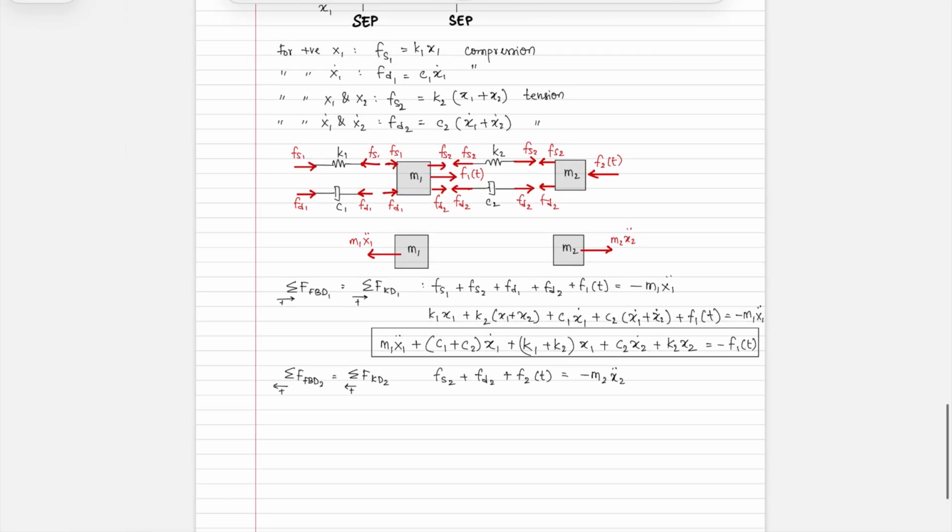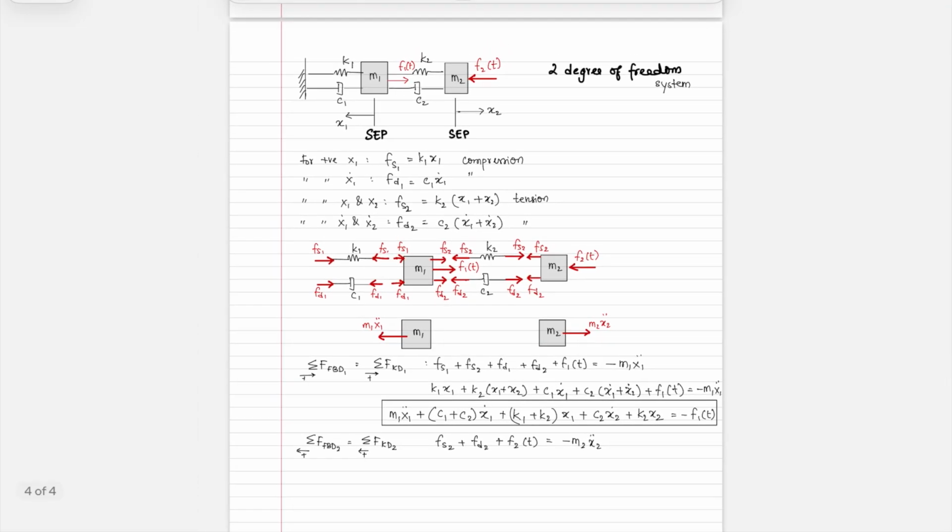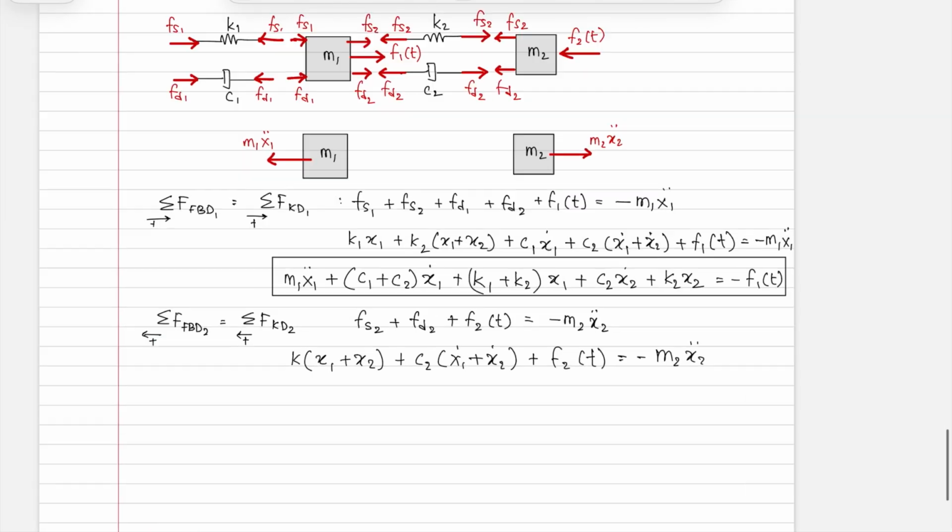If I just substitute the values, I then get for fs2 it is k2 times x1 plus x2. fd2 is c2 times x1 dot plus x2 dot. And then you have f2 of t is minus m2 x2 double dot.